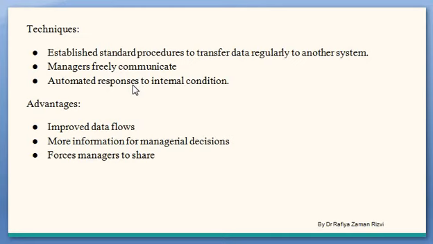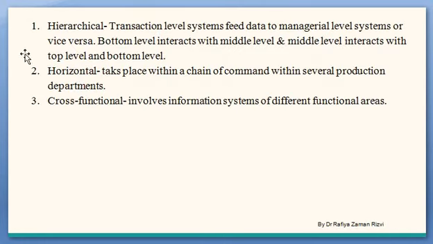Then if we talk about the advantages of integrated processing, it improves data flow. As we saw, data is passed on in various forms, like these three: hierarchical, horizontal and cross functional.